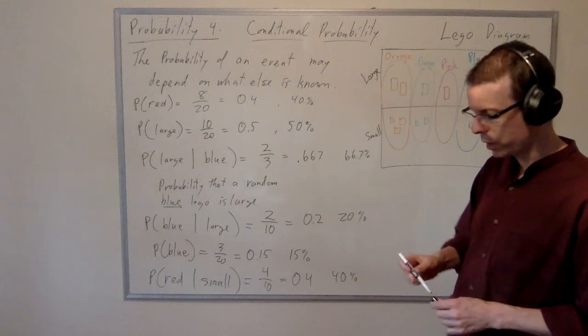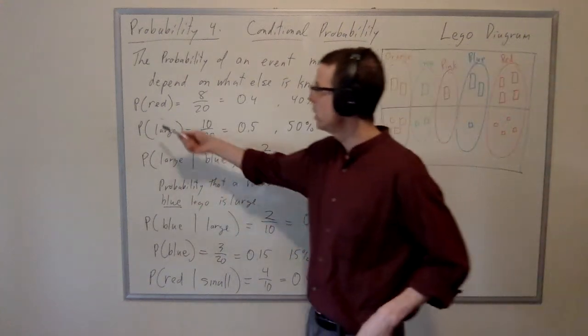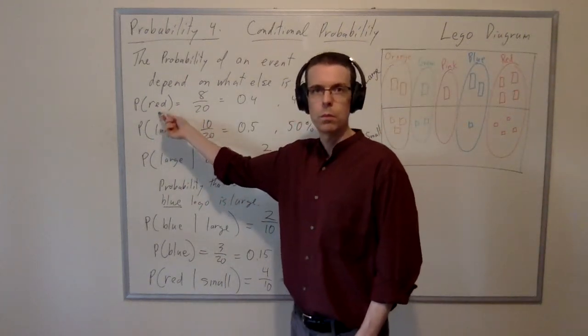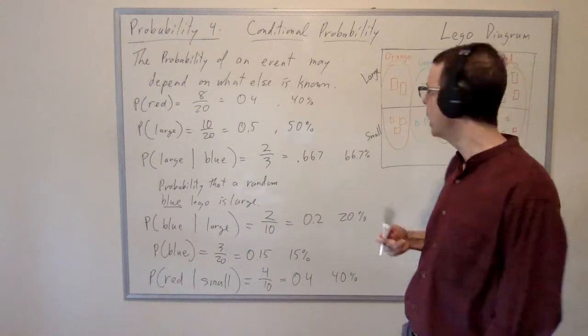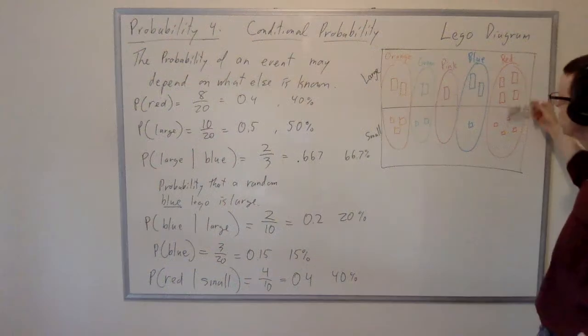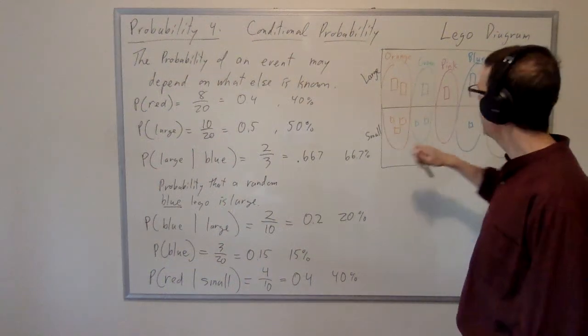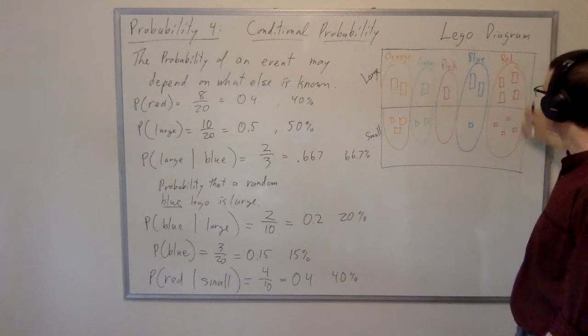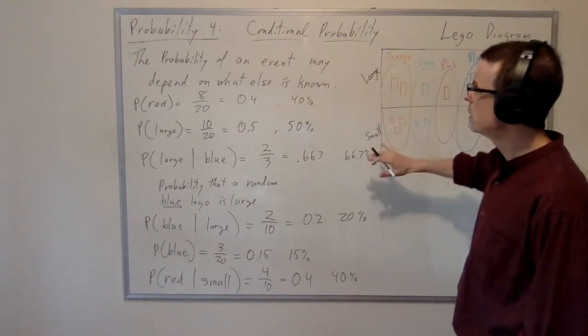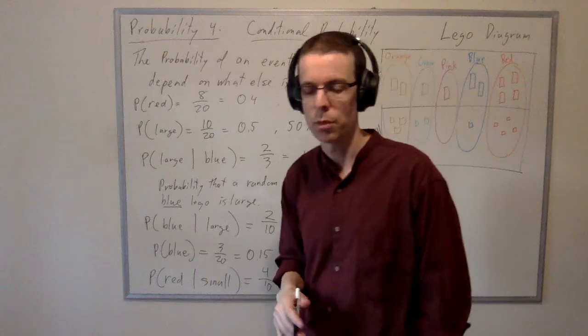Now, I did this example in order to illustrate something here. Notice that the probability that a truly random Lego would be red is also 40%. And the reason for this is that the red is kind of evenly balanced between the large and the small. And as we talked about in another video, in this situation, the red condition and the size condition are independent conditions.